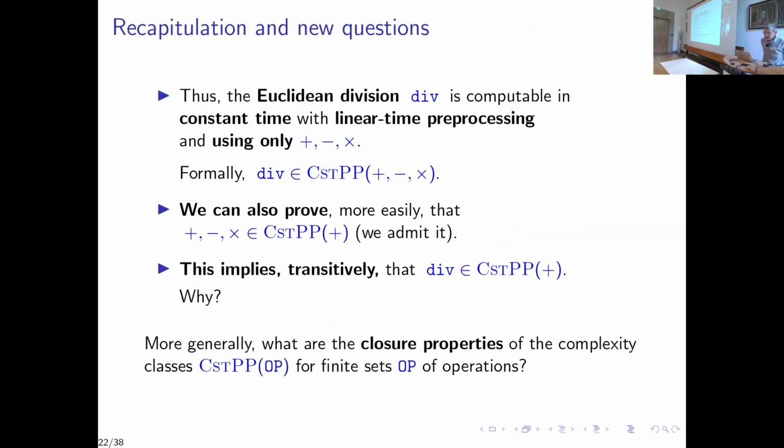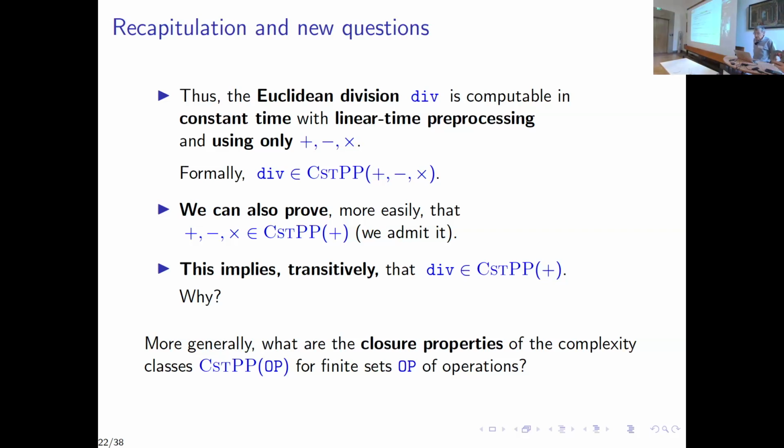Recapitulation. The Euclidean division is computable in constant time with linear time preprocessing using addition, subtraction, and multiplication. You can prove more easily that, using only addition this time, you can compute in constant time with linear preprocessing addition, it's almost obvious, but on polynomial integers, subtraction and multiplication.